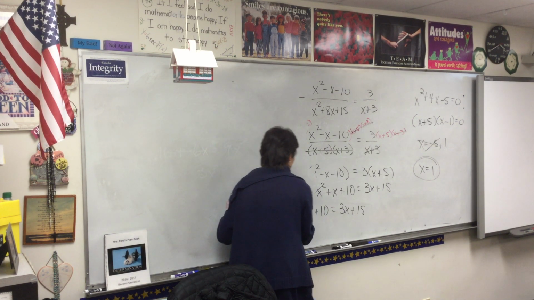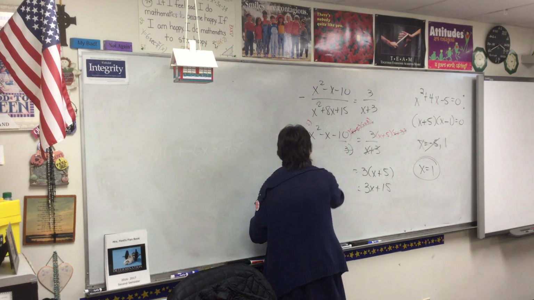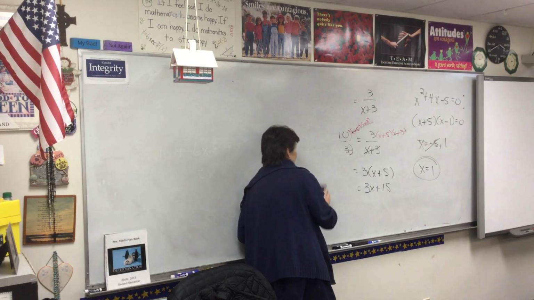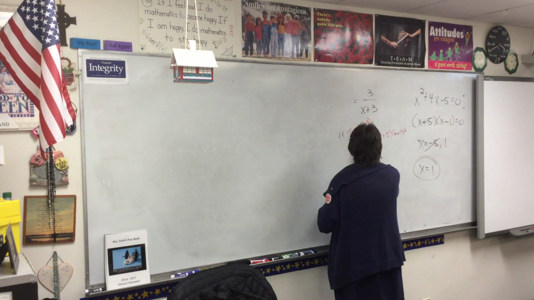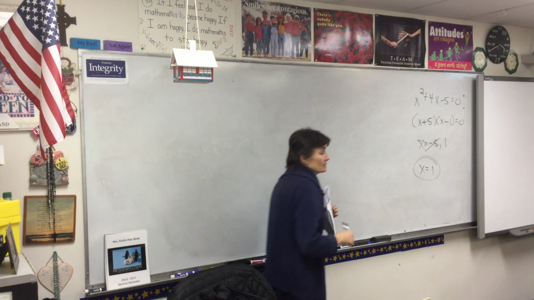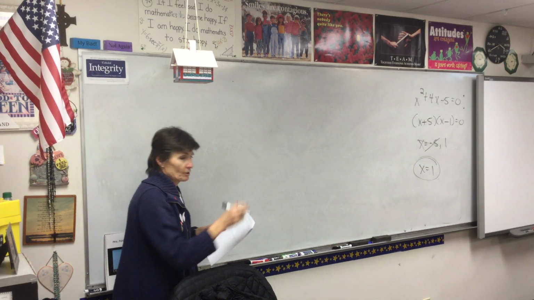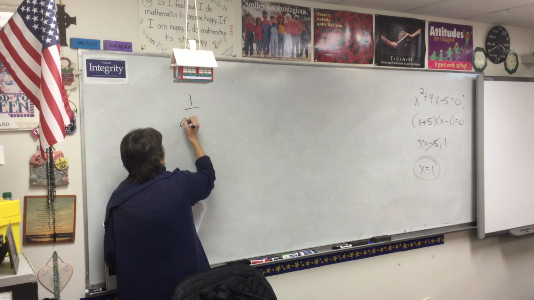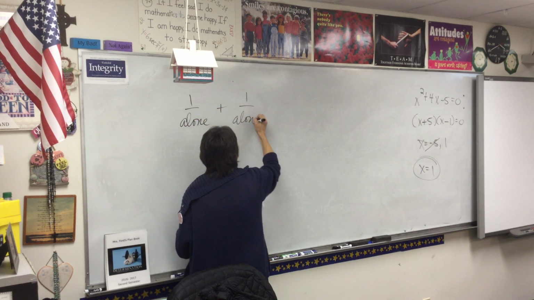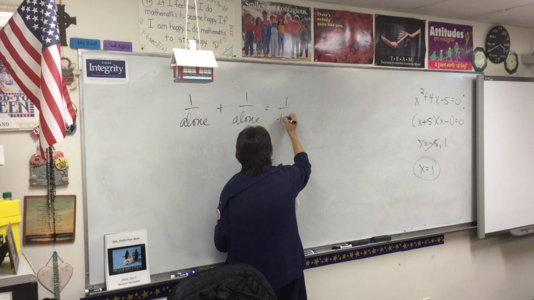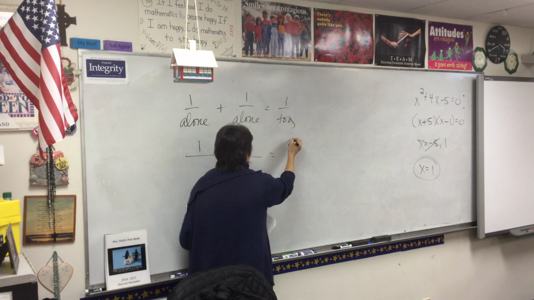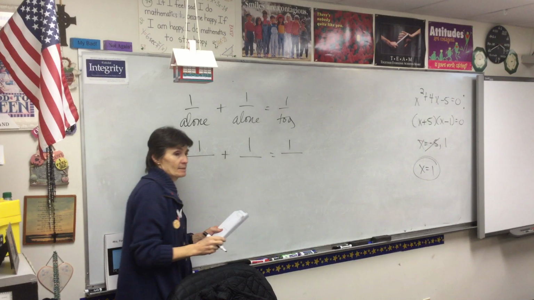Now we got Jane building the shelter. What is our setup for Jane building the shelter? 1 over alone plus 1 over alone equals 1 over together. So when you write your equation, it literally is going to look like this.